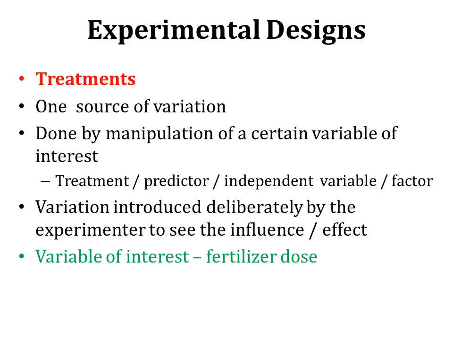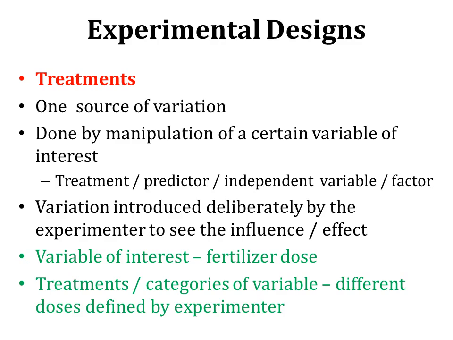This is our variable of interest, and in this example, this is fertilizer dose. So fertilizer dose is basically our variable of interest, and the treatments or categories of the variable are different doses which are defined by the experimenter, right?